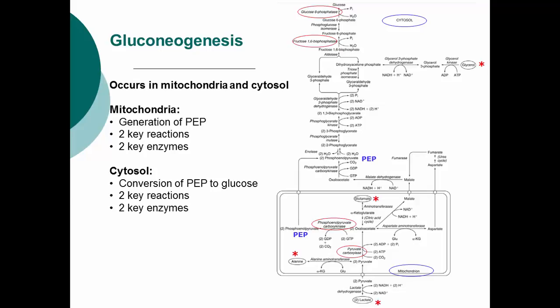And this just gives you the overview of gluconeogenesis. Some of the reactions occur in the mitochondria, and the rest in the cytosol. Here we give you an example with pyruvate as the starting molecule for synthesizing glucose.